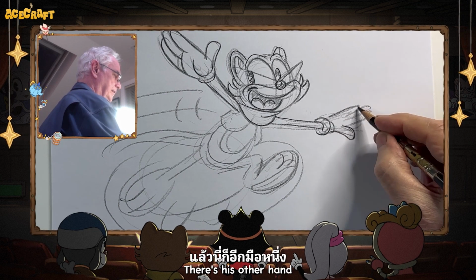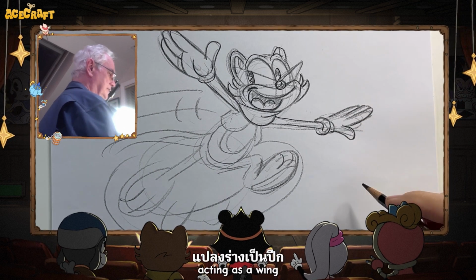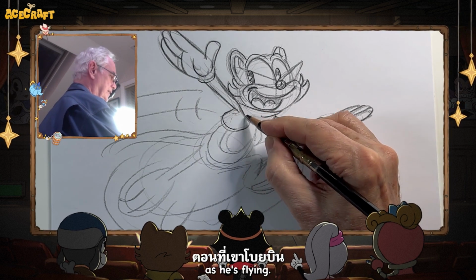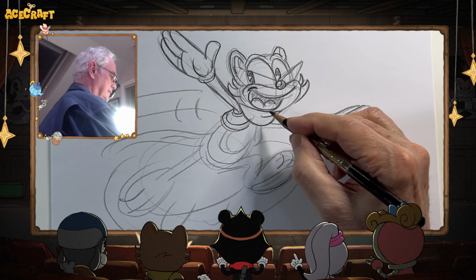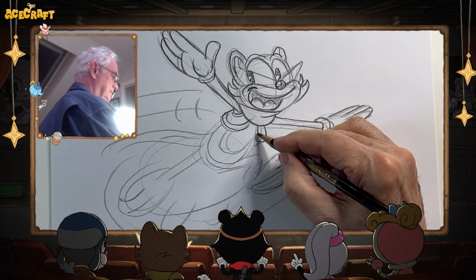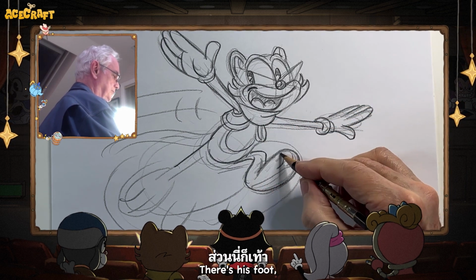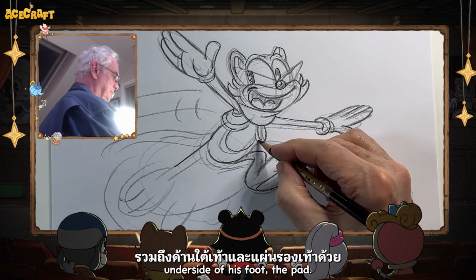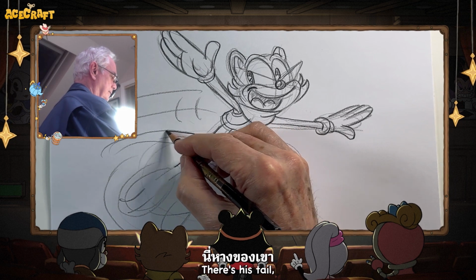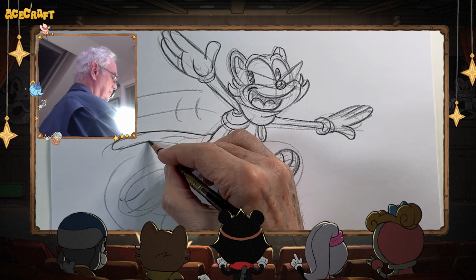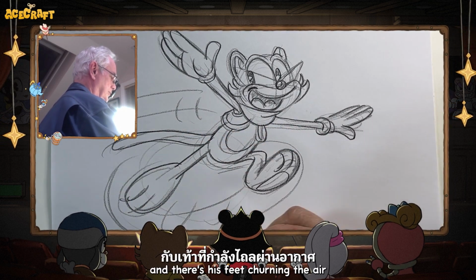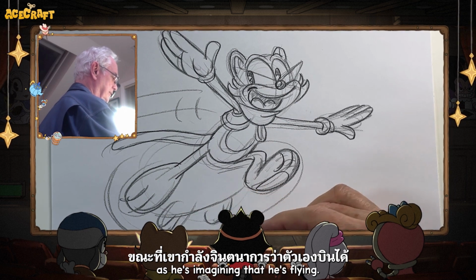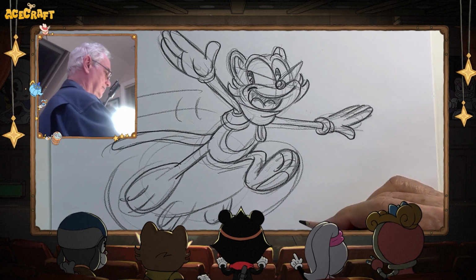There's his other hand, acting as a wing as he's flying. His little vest. There's his foot. Underside of his foot, the pad. There's his tail. And there's his feet, churning the air as he's imagining that he's flying.